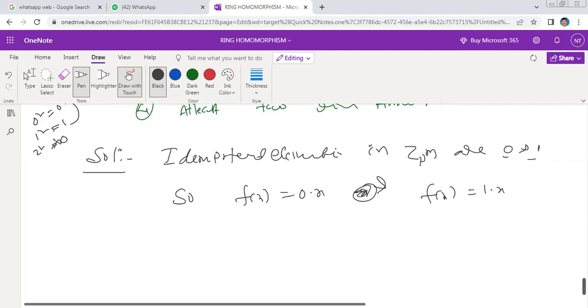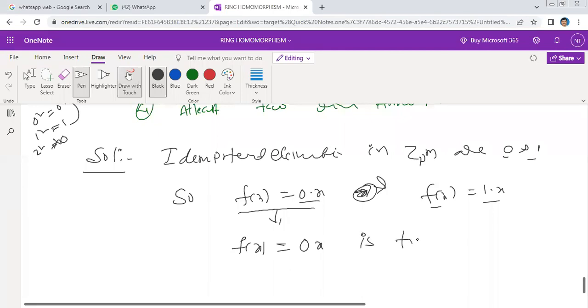Is it a trivial homomorphism? The possible ring homomorphisms are f of x equals 0x and f of x equals 1x. It is always possible.